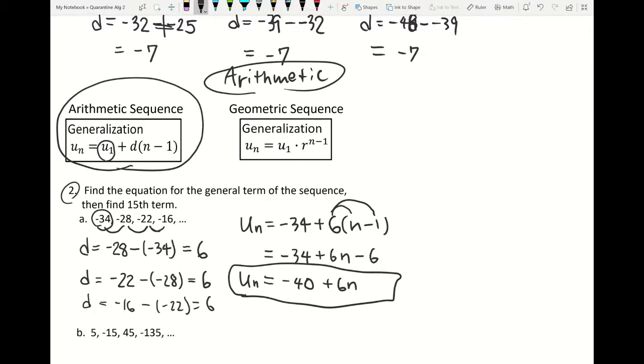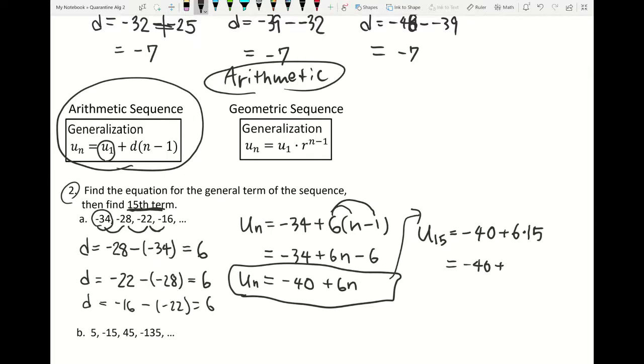So that equation, general equation, is that. And next, we're going to find 15th term. So we're going to use the equation to find the 15th term. U sub 15 equals negative 40 plus 6 times n, which is 15. So take out your calculator there. Somebody do 6 times 15.